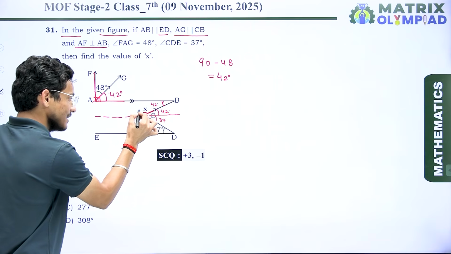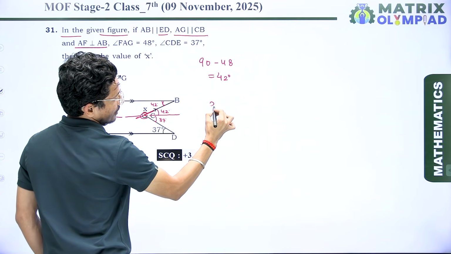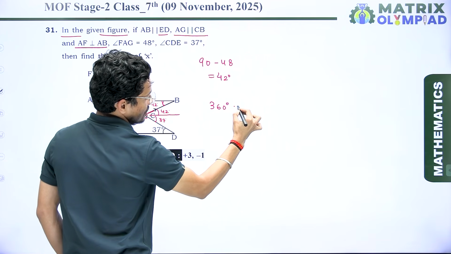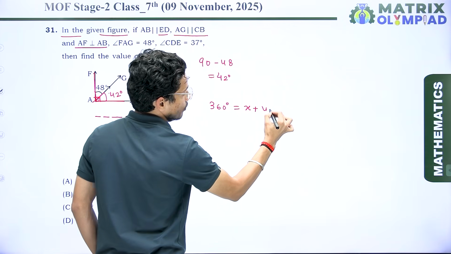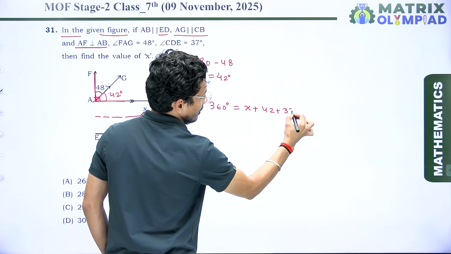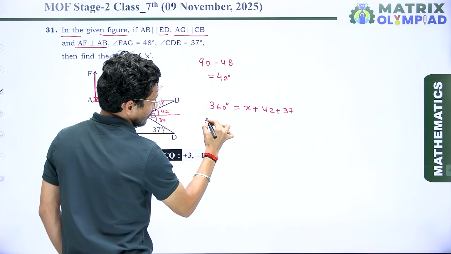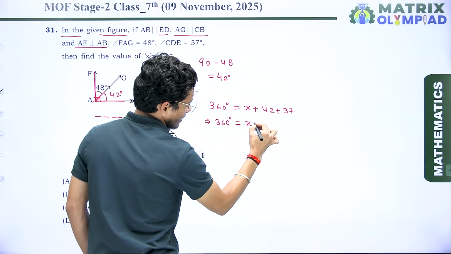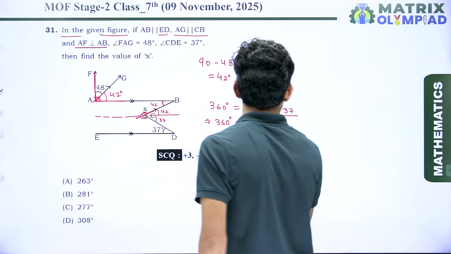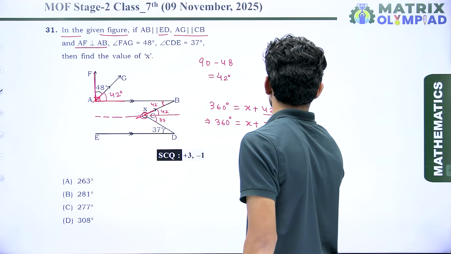And we know the complete angle is 360 degrees. So I can write here 360 degrees is equal to X plus 42 plus 37. Here we get 79 degrees.